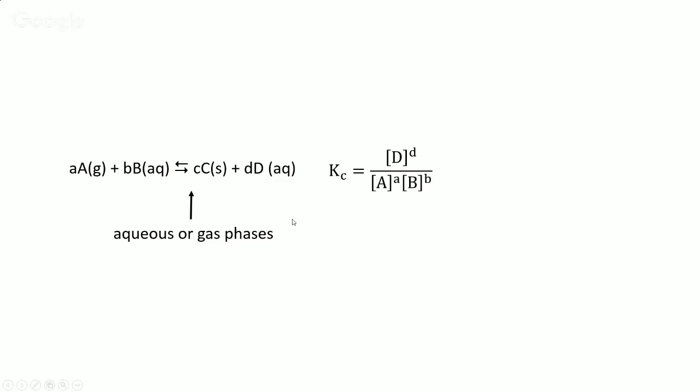Now, aqueous concentrations can change as you add or take away solvent, or add more solute, take away more solute. And something similar can happen with things in the gas phase, because you can compress or expand volumes. But in the solid phase or liquid phase, as you add or take away more of that solid, the concentration per se doesn't really change.